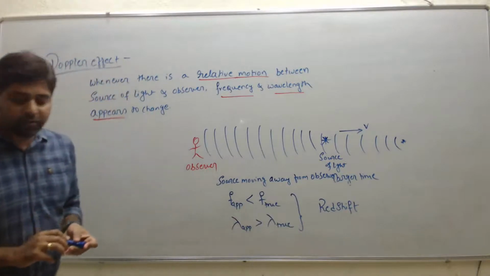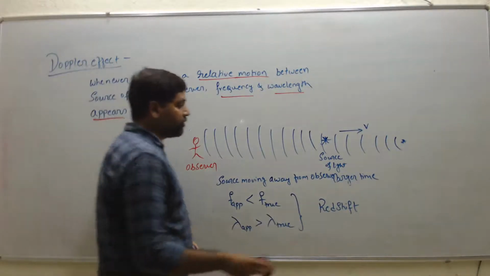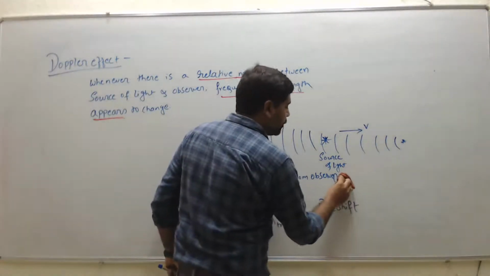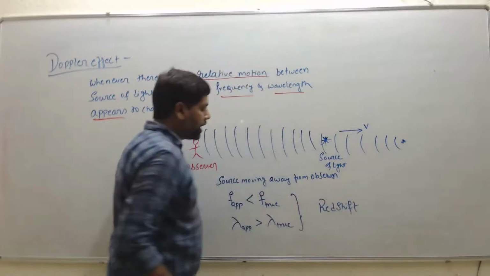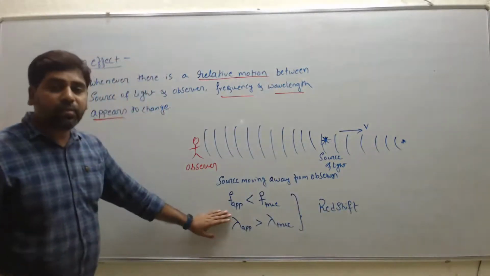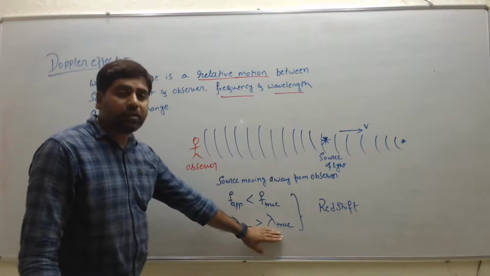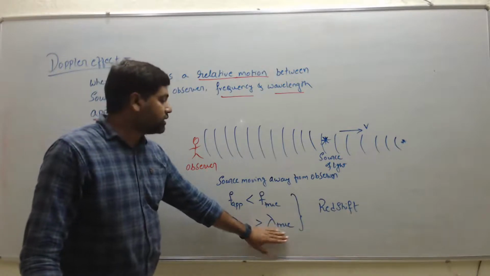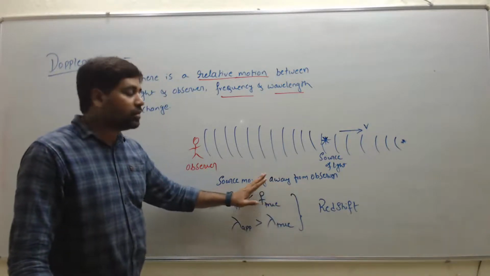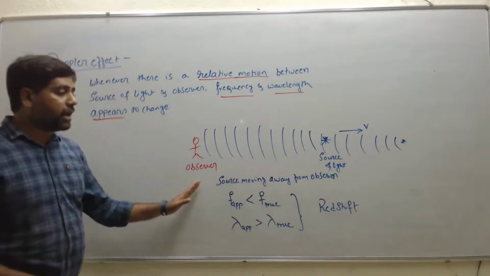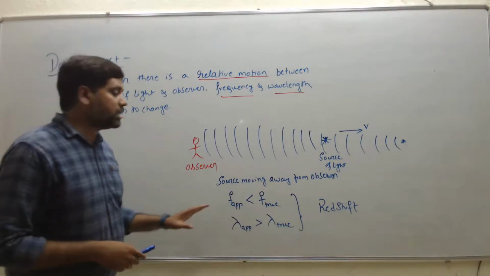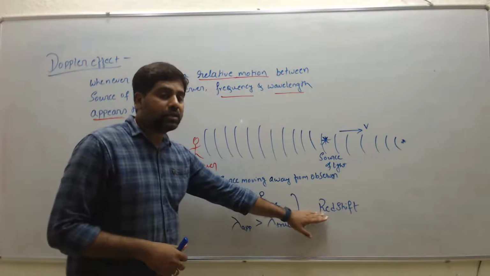As the source moves away from the observer, the measured frequency is less than the true frequency. In terms of wavelength, the measured wavelength is greater than the true wavelength. Hence, the measured wavelength shifts towards the red end of the spectrum, and that shift we call red shift.